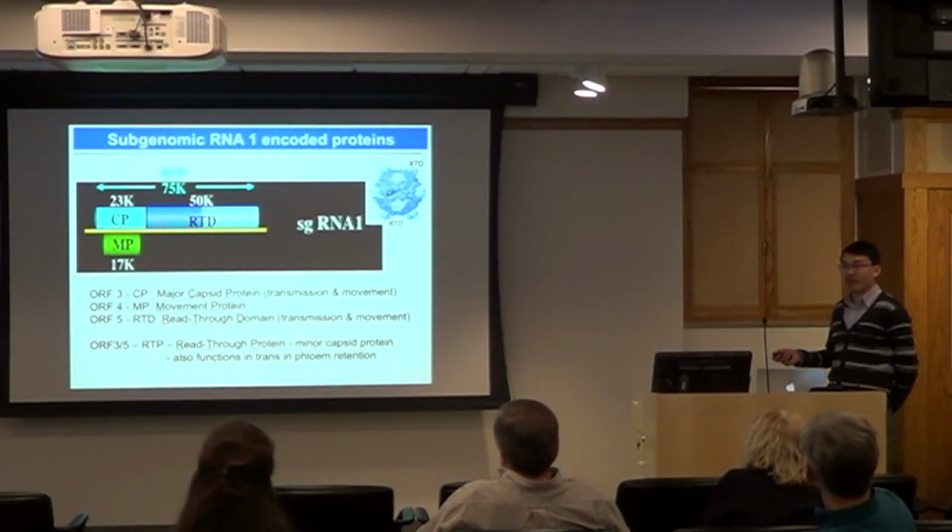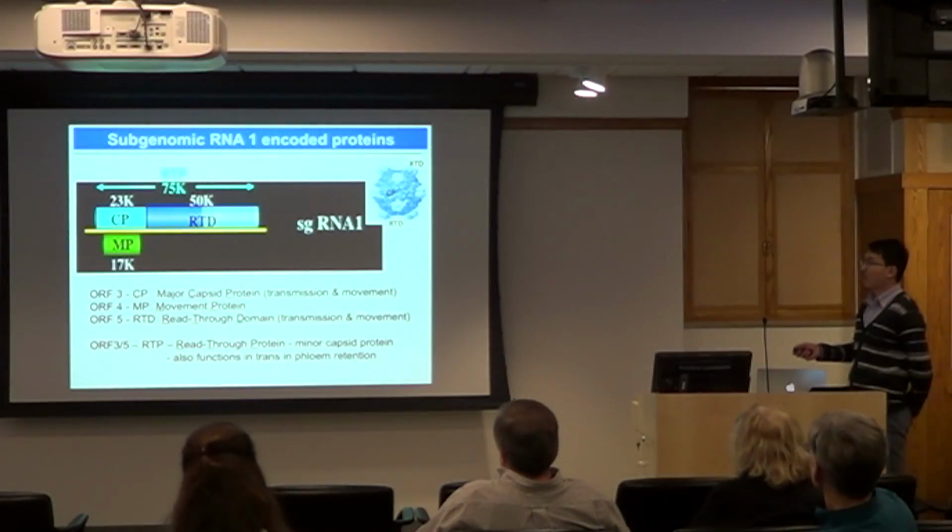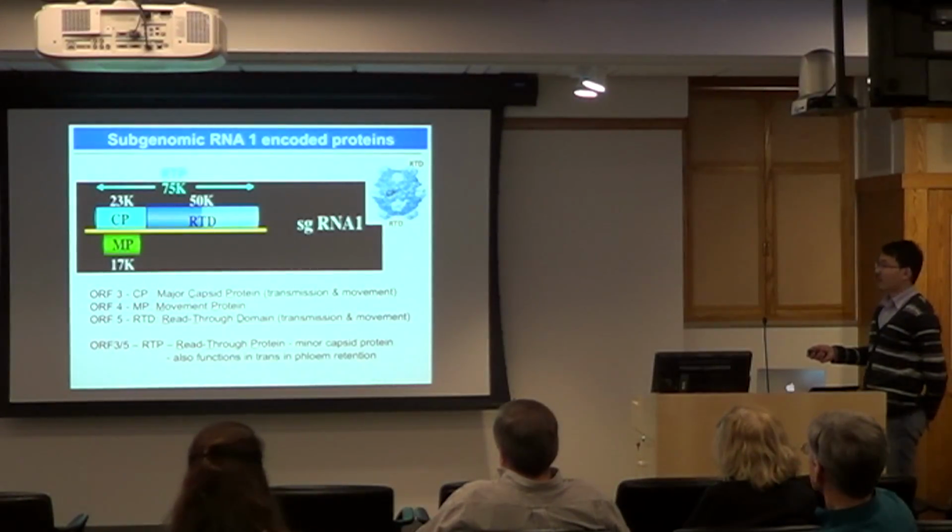For ORF5, there is the RTD domain, named the read-through domain. This domain contains 2 parts. One is a very conserved N-terminal domain. The other is a very variable domain with disordered sequence. This domain has been reported to take part in viral transmission, and also in virus movement.